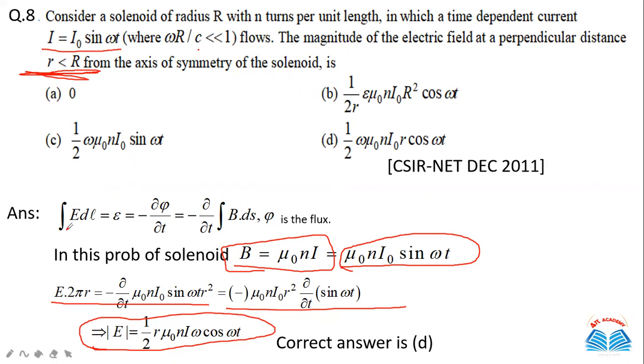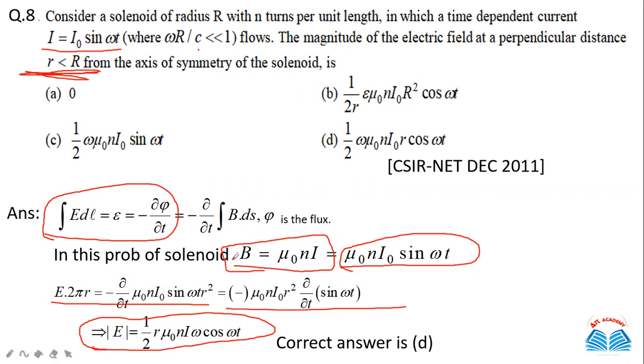This was a formula from Faraday's law: integral of E dot dl equals minus d phi over dt. This phi was magnetic flux, and we write phi as the integral of B dot ds, where B is the magnitude of the magnetic field and ds is the elementary area.